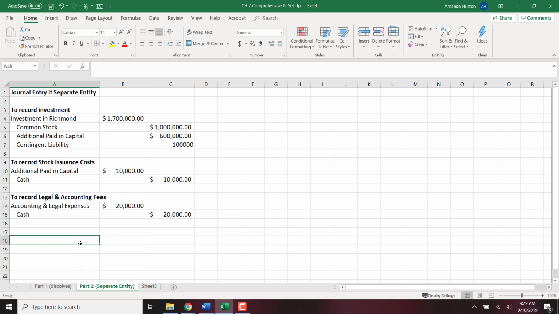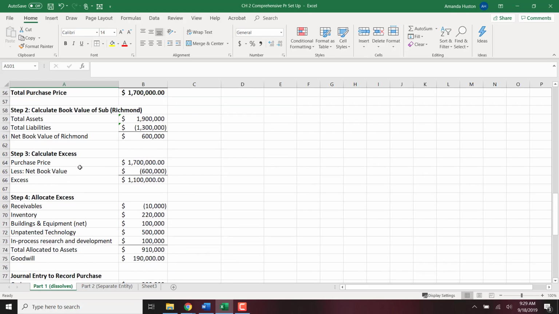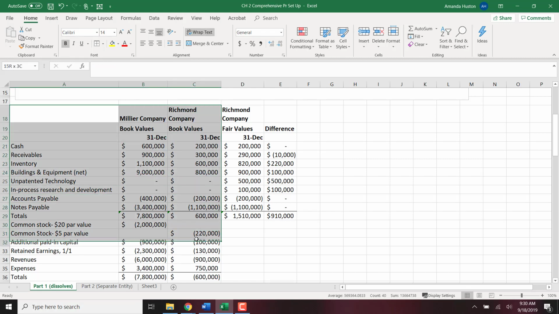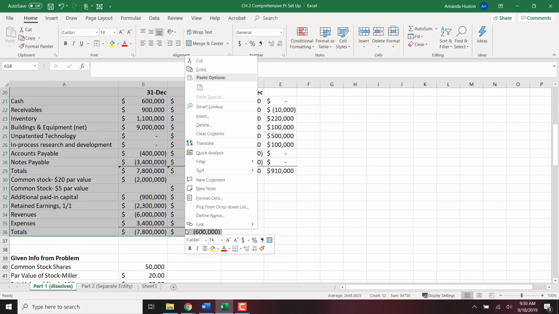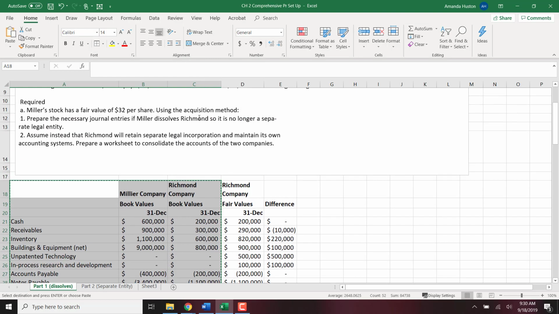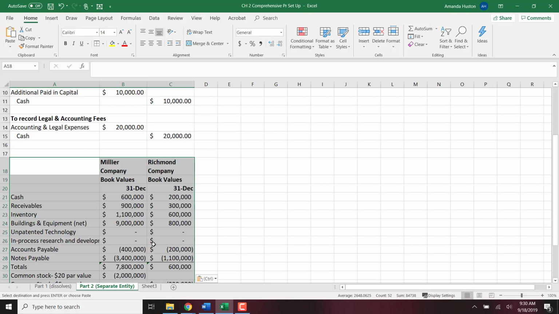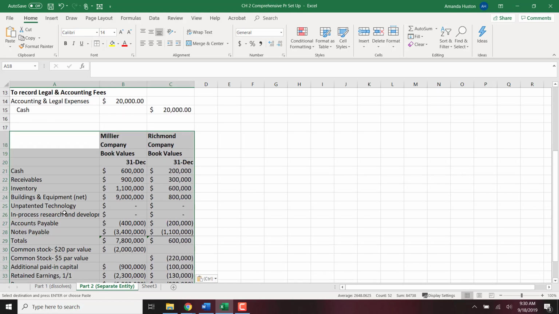Then what we would need to do is, after the date, consolidate their financial statements. So I am going to copy and paste all of this.